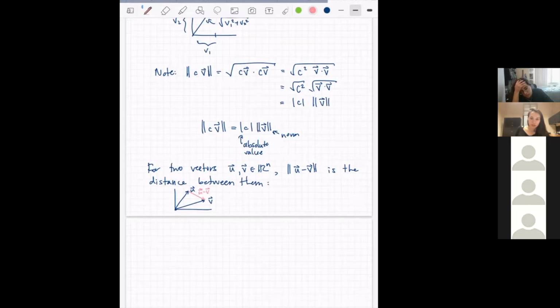That gives the distance between those two vectors, really the endpoints of them. So the distance between u and v is going to be equal to the norm of that pink vector, u minus v.